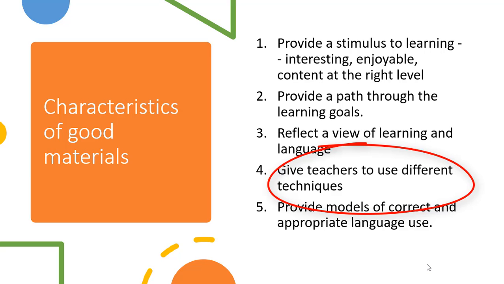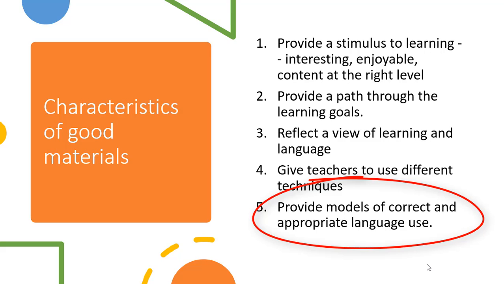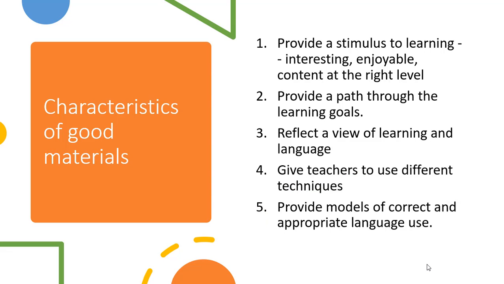For example, there are activities where students can do group work, individual tasks, project-based learning, and some other techniques teachers can use. And of course, the book should provide appropriate language use and appropriate models of correct language use the students can adopt.